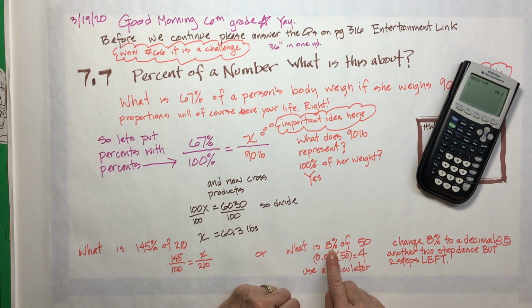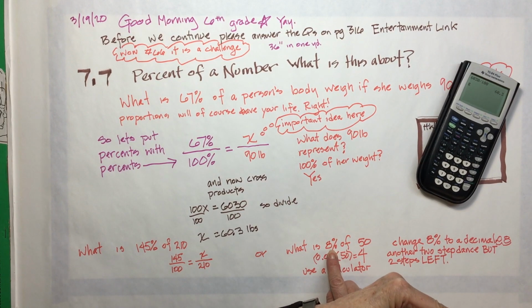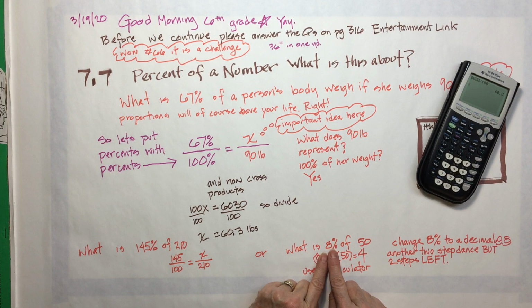When we were talking about going from decimals to percents, we were moving 2 steps to the right. Now that we're going from percent to decimal, we're going 2 steps to the left. It's basically a new 2-step dance.